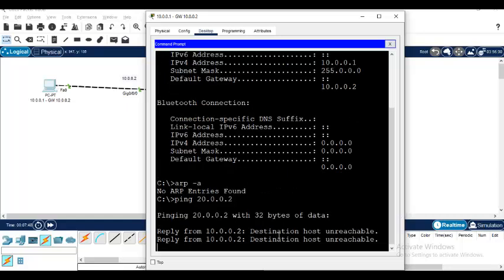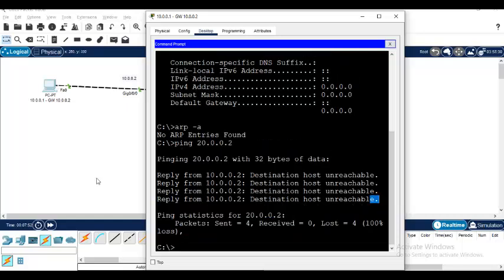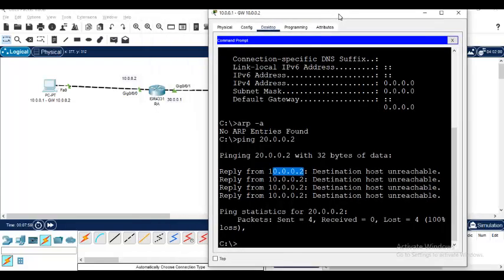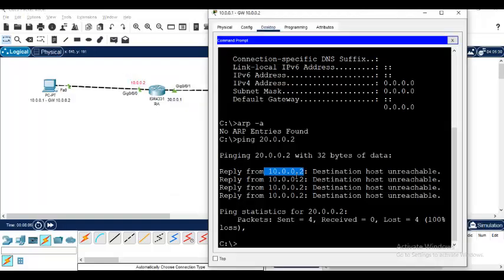Destination host unreachable. See, you are getting a reply. Who is replying? Router. Whose address is this? 10.0.0.2. Whose address is this? See your picture in the back? It is the router's interface. Router is responding. Actually, you are pinging 20.0.0.2, but the responder is not 20.0.0.2. Your router, your gateway, is saying the destination that you are trying to reach is not reachable for me.